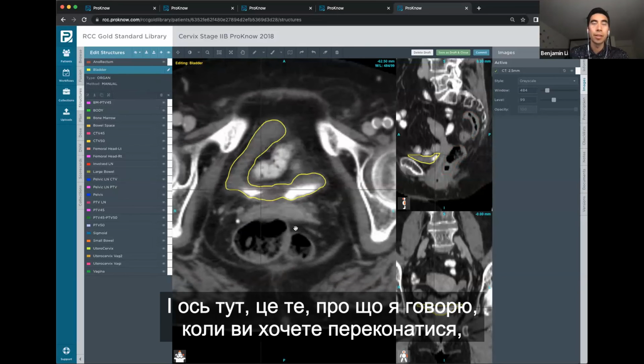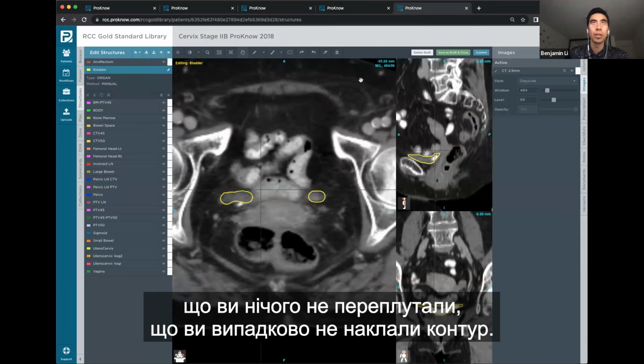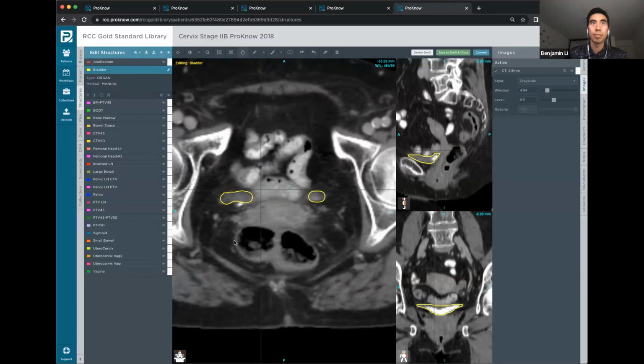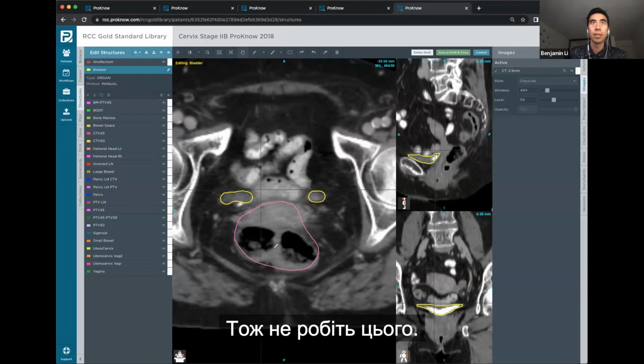And then here, this is what I'm talking about, where you want to make sure that you're not accidentally contouring all of this as rectum. That would be very bad. So don't do this.